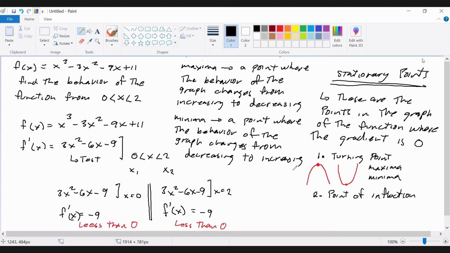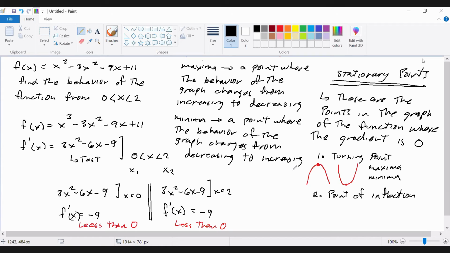However, stationary points are not only made up of turning points. We also have what we call a point of inflection. So what is a point of inflection? A point of inflection will still give you a gradient of zero.